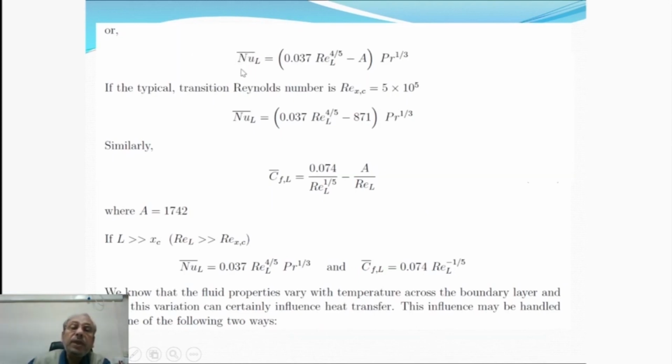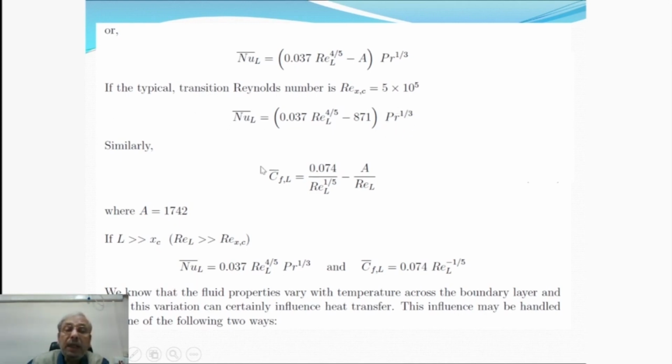So finally we get average Nusselt number = (0.037 ReL^(4/5) minus A) Pr^(1/3). If the typical transition Reynolds number over a flat plate, Rex,c, is 5 times 10 to the power 5, then Nu_L average is given by (0.037 ReL^(4/5) minus 871) Prandtl number to the power 1/3.